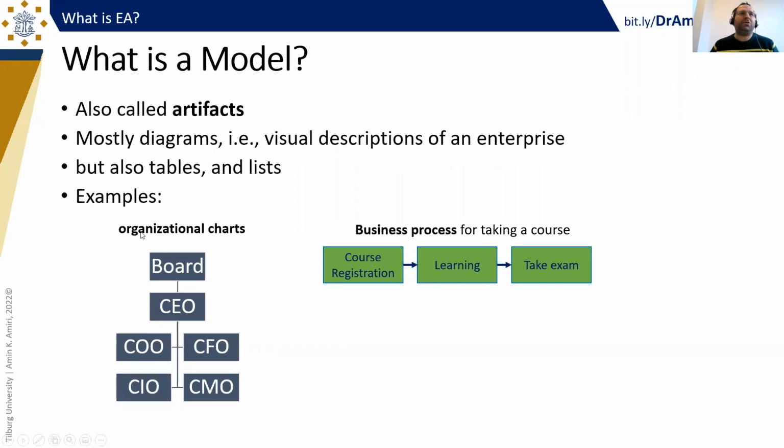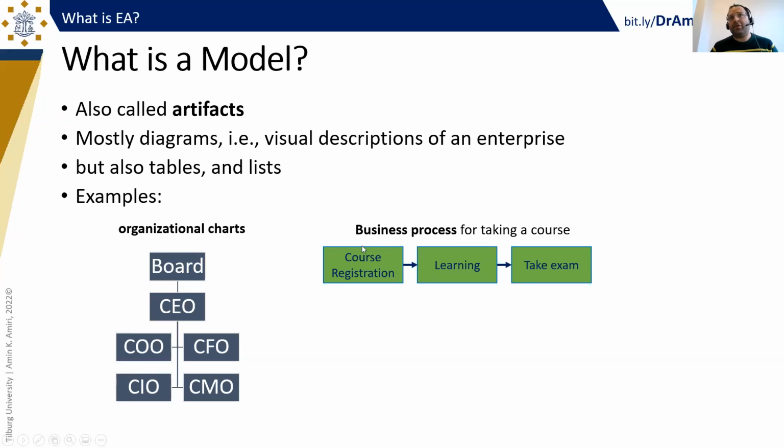For example, organizational charts: you have a board at the top, then a chief executive officer at the helm of the organization, and there are 4 organizational roles working under the CEO, like chief operating officer, chief financial officer, chief marketing officer, and chief information officer. Under these, you have other people working. This is called an organizational chart. It's a diagram, a visual description of an aspect of the organization.